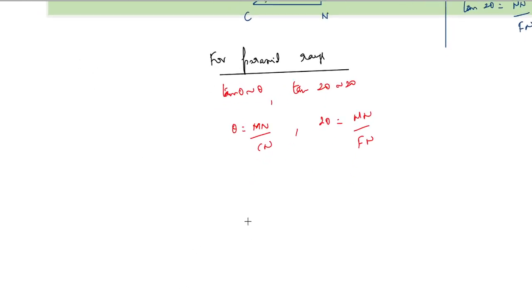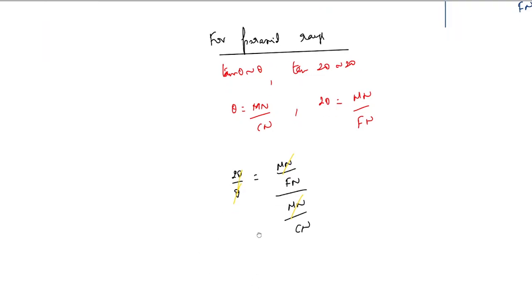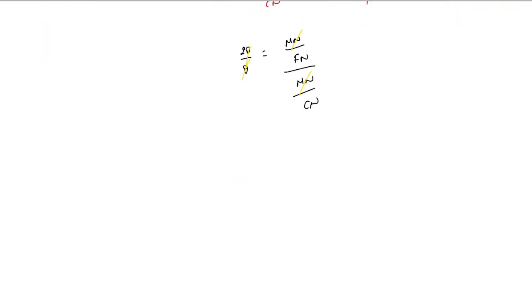Dividing 2 theta by theta equals MN by FN divided by MN by CN. MN gets cancelled, and theta also gets cancelled. Finally, 2 remains, so 2 is equal to CN by FN.